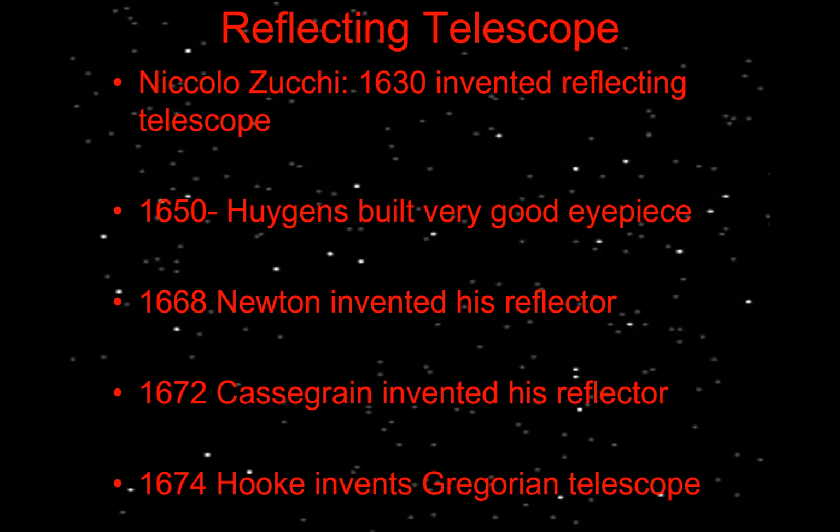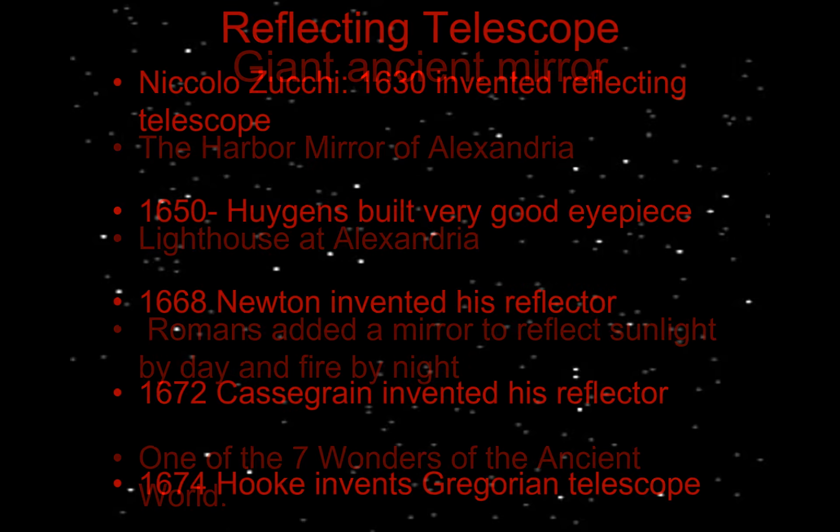Cassegrain, the type of telescope that we have here that now bears his name, the Schmidt-Cassegrain system, also invented his type of reflector. And Robert Hooke, who we talked about before in his battles with Newton, invented his own type of telescope called the Gregorian telescope. But mirrors have been in use for a very long time.